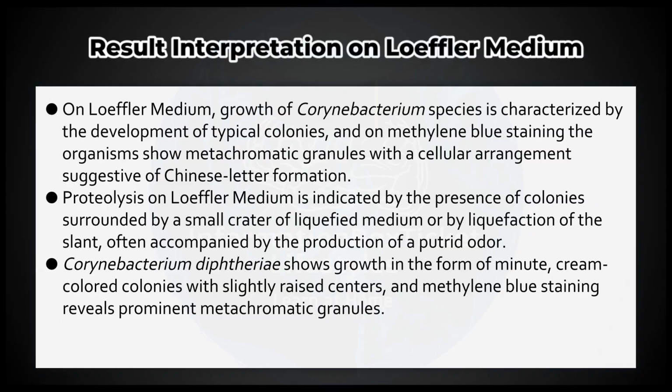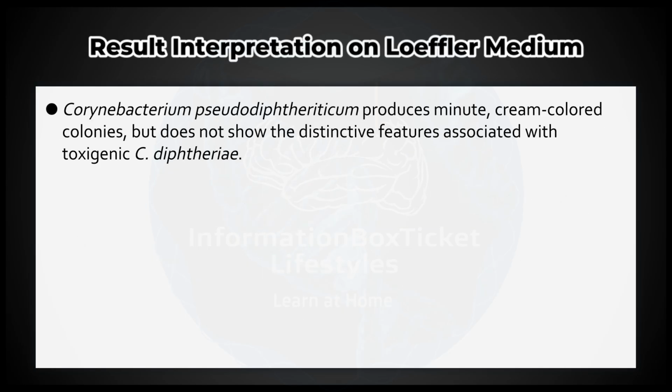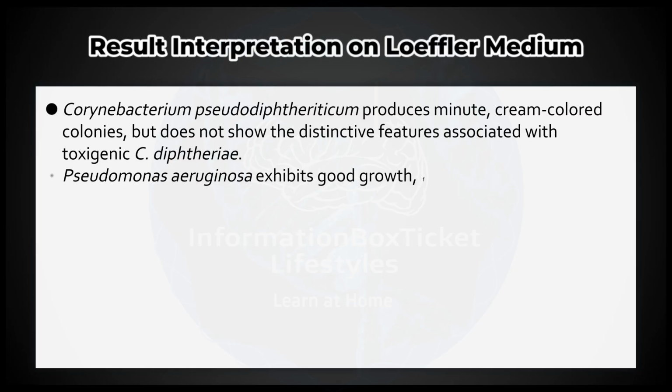Corynebacterium diphtheriae shows growth in the form of minute, cream-colored colonies with slightly raised centers, and methylene blue staining reveals prominent metachromatic granules. Corynebacterium pseudodiphtheriticum produces minute, cream-colored colonies, but does not show the distinctive features associated with toxigenic C. diphtheriae.